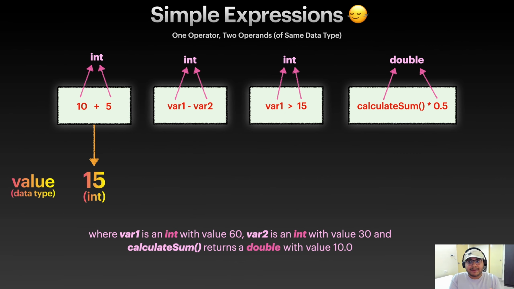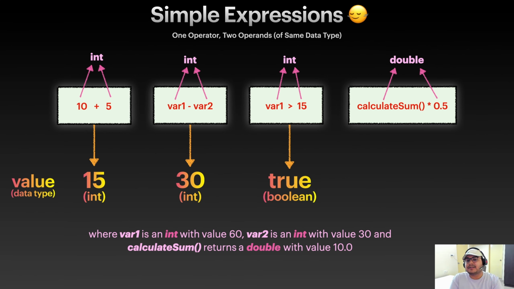To evaluate these expressions means finding a single value of a fixed data type that the expression will return. So we are going by the definition of expression. If you are performing operations on the same data type, the final result will also be in that data type only. So for the first expression, 10 plus 5 returns 15, which is of type int, because both 10 and 5 were also of data type int. In the second case, var1 minus var2, which simplifies to 60 minus 30, returns 30 of type int.